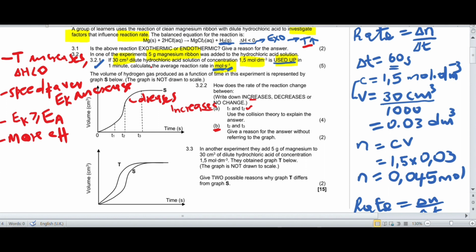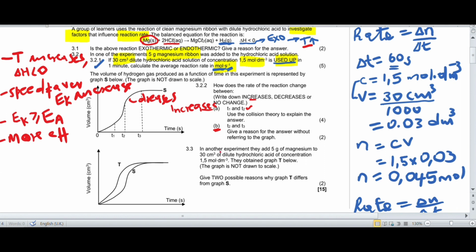The concentration of hydrochloric acid in the solution decreases because the reaction has been happening, so the concentration or number of particles in that container decreases. Or we can also talk about this one. Since this one is solid, the surface area of the magnesium ribbon decreases. Then if we talk about this one, since it is in aqueous solution, the concentration of HCl decreases. That is why the rate decreases.